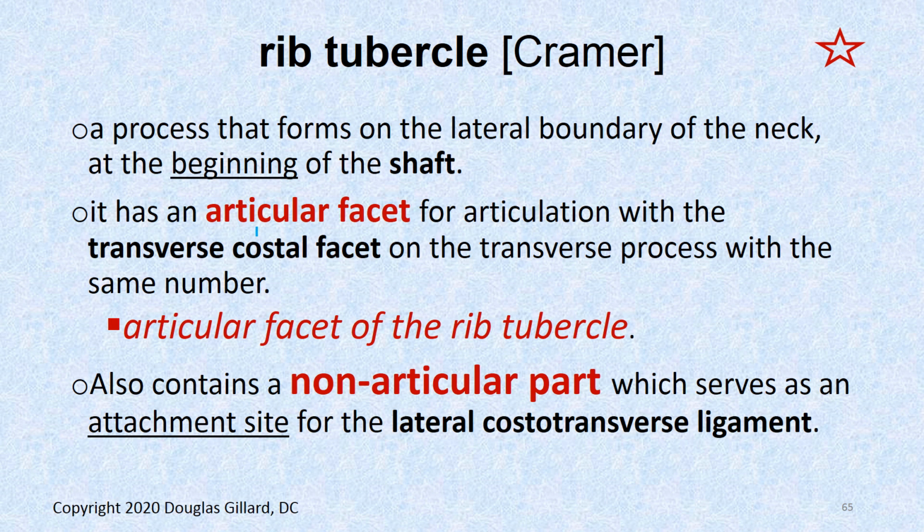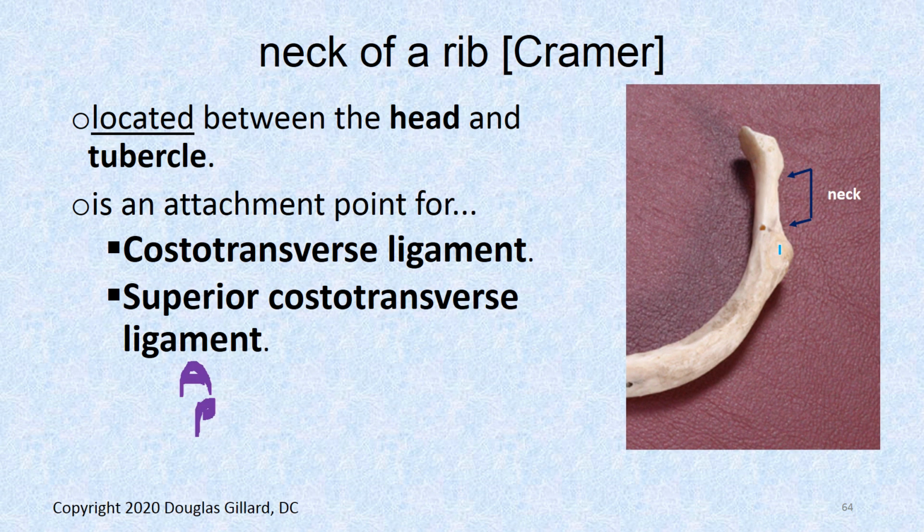Okay, we've seen that. It has an articular facet as well. And that one articulates with the transverse costal facet. Okay? The same number, in fact. So how would you name that? If I stuck a pin on this, what if I put number 2 right here? You can see the facet. Actually, the facet is on the other side.